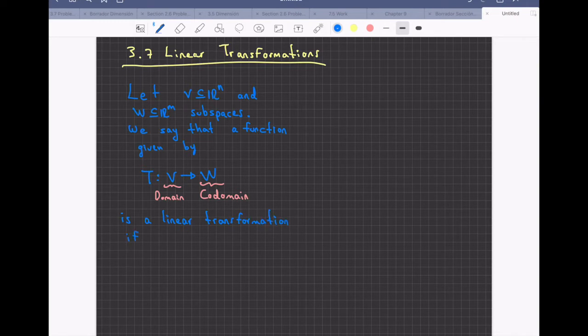if it satisfies two conditions. T of x plus y is the same as T of x plus T of y.